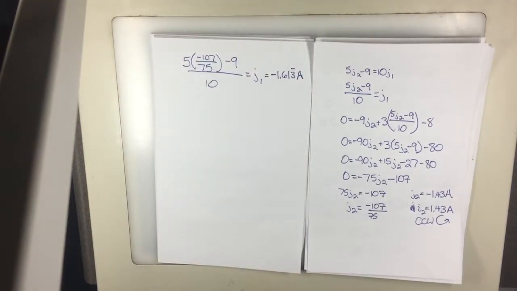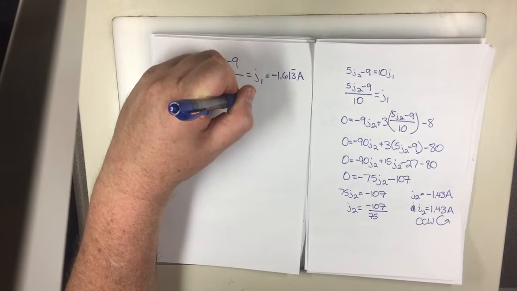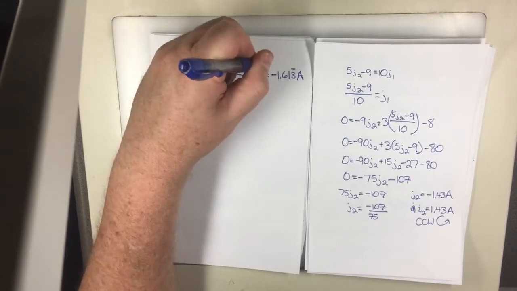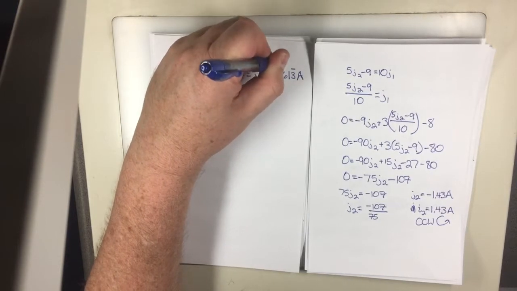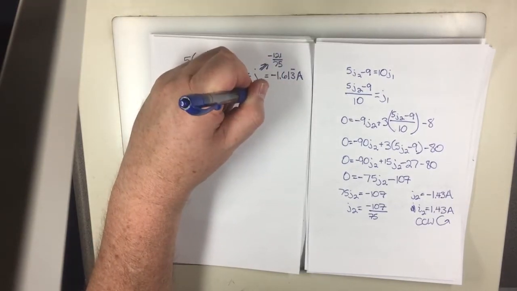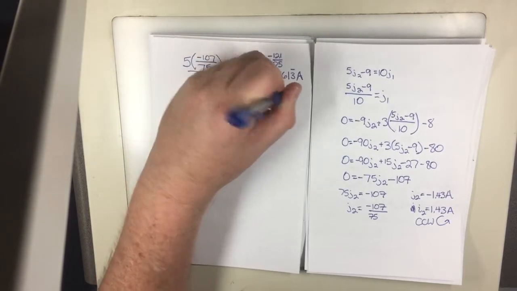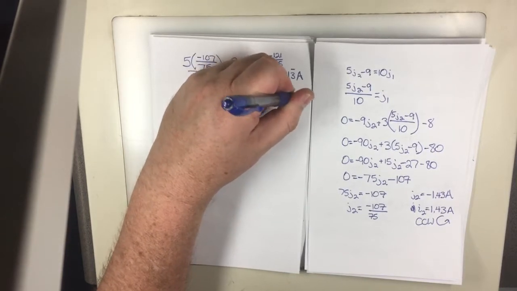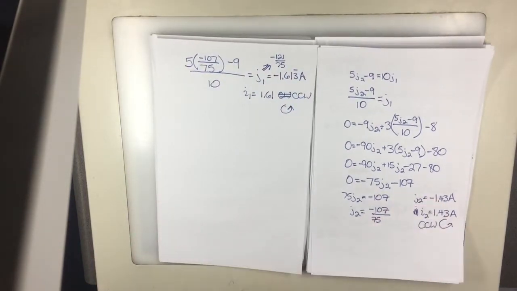J1 in fraction form is minus 121 over 75, and I1 is 1.61 amps clockwise. Or I'm sorry, I take it back, counterclockwise. So now we have the answers. Both are counterclockwise.